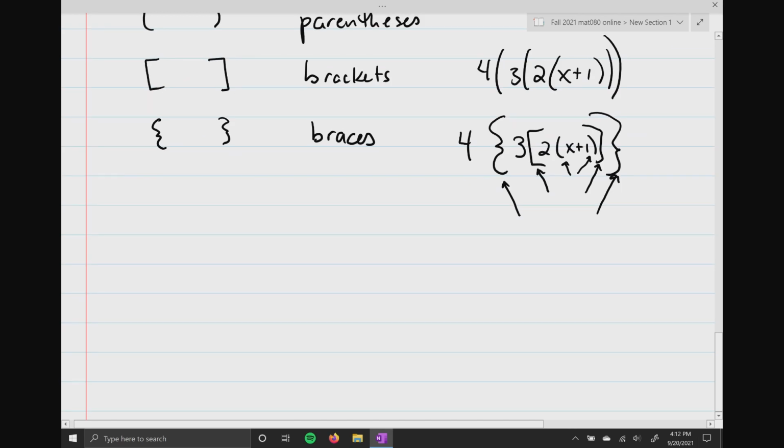Now we're going to turn our attention to an extremely important concept. To be honest with you, students always have trouble with this, and I think it's because maybe in the past, we just weren't good enough at explaining the difference. So the first thing I'm going to talk about is an algebraic expression.